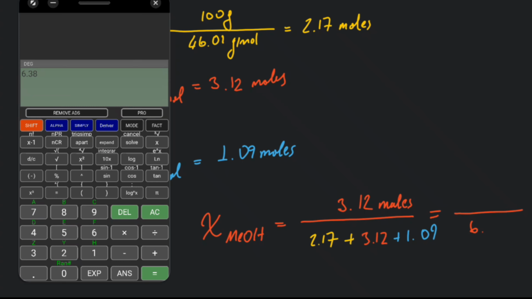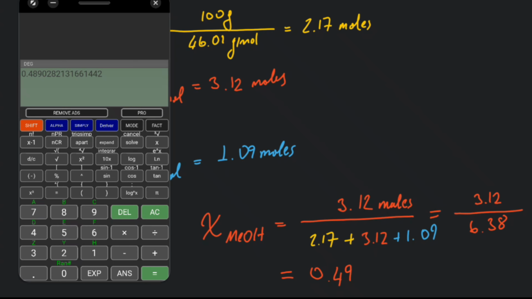So this is 6.38. 3.12 over 6.38. So it is equal to 0.49. As you see, it is unitless.